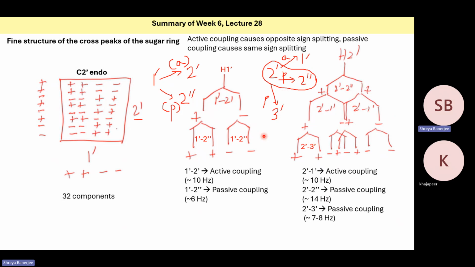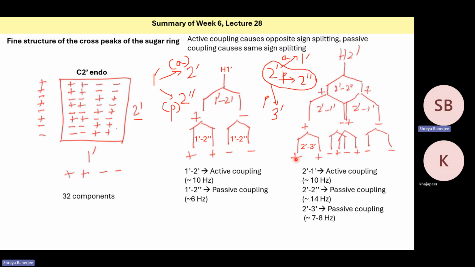Finally, the lowest coupling constant in the 3 here, 2 prime 3 prime is happening. So each component will again split into two components because of the 2 prime 3 prime splitting. And because these two components are so close to each other, when they split, they will overlap each other. This 2 prime 3 prime splitting is also passive coupling.